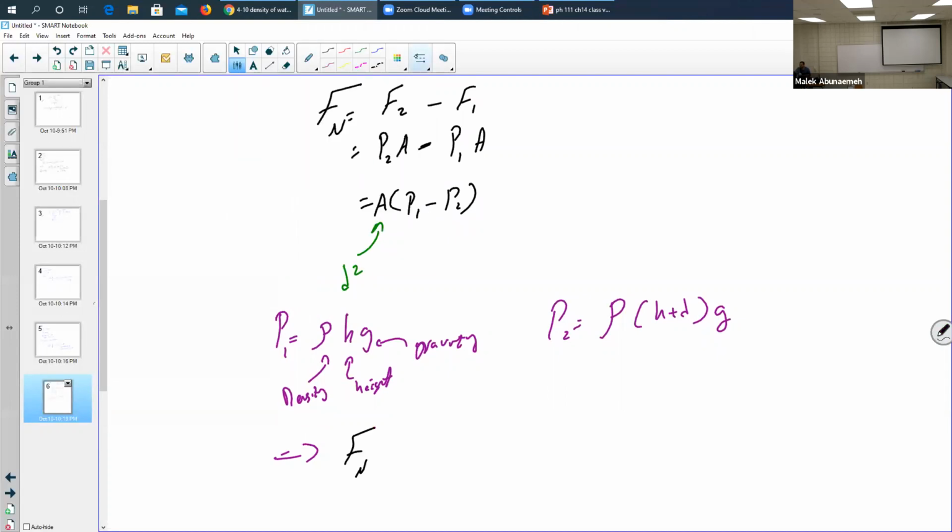That means your net force is going to be your area multiplied by P2 minus P1. So that's going to equal d squared multiplied by rho h g plus rho d g, plus minus, should we be subtracting?